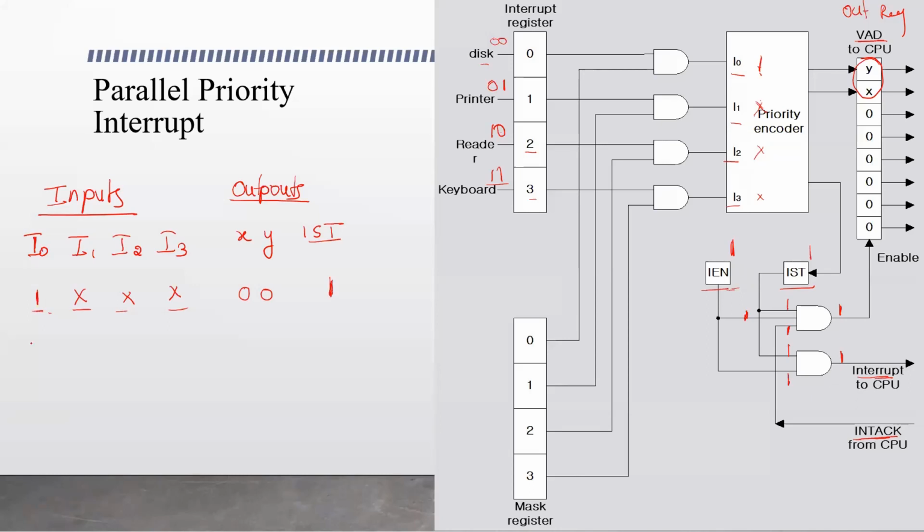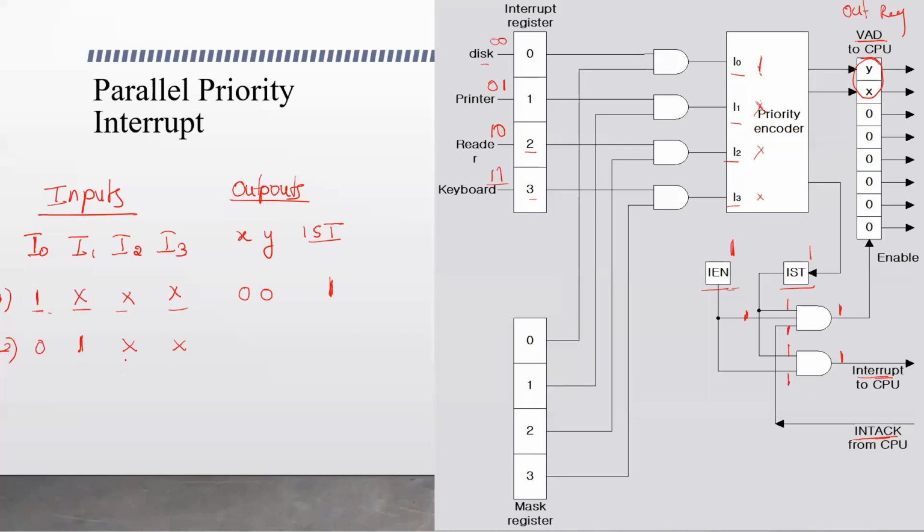And the next case, this is the first case. If there is no interrupt from the disk, but there is an interrupt request from the printer, the input that is connected is I1. So in that case I1 would be 1. I0 does not have an interrupt request and I1 has, and this is the next higher priority device. When this is 1, we don't need to consider these two.